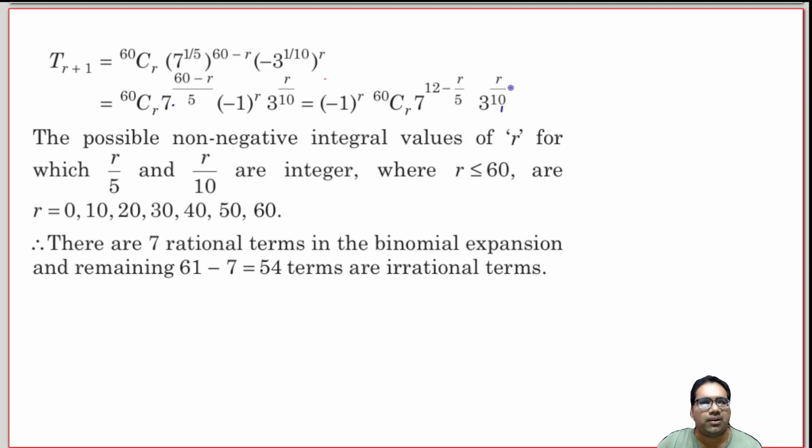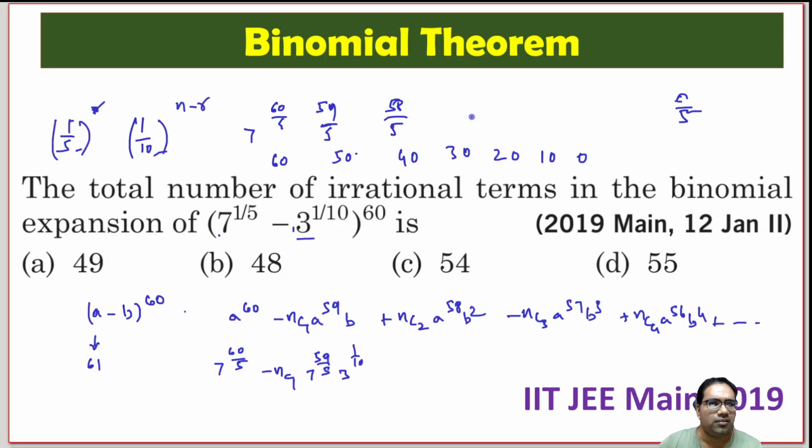So what does that mean? (60−r)/5 and r/10 should both be integers together. This is what we are looking for. They are integers when the power is either 60, 50, 40, 30, 20, 10, or 0. So we have 7 such cases: 1, 2, 3, 4, 5, 6, 7.